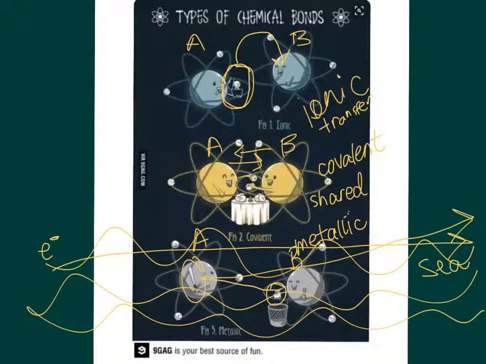If I tried to shine a flashlight down here, my beam of light is going to get blocked by those free-flowing electrons, and they're going to hit my metal and bounce off, and my metal's going to be super shiny. So that's a brief overview of all of our different types of bonds.